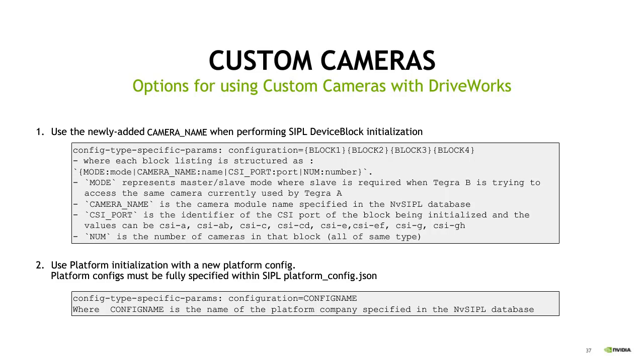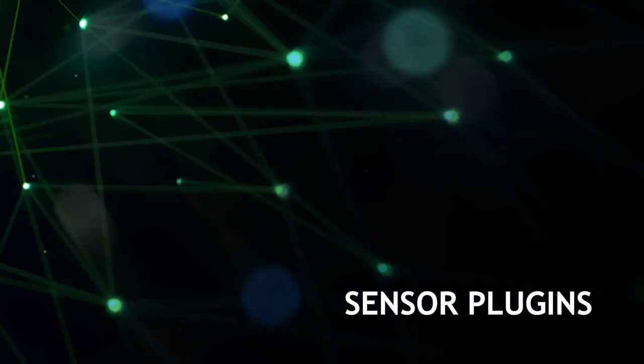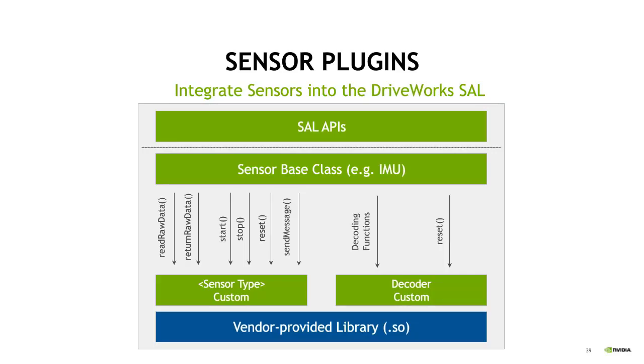For non-camera sensors, you can use our sensor plugin framework. With this framework, you're responsible for providing implementations for most of the sensor functionality. You own the communication channel, the life cycle of the sensor, and the data decoding. Once implemented, DriveWorks provides the infrastructure and the data structures to interface with the recorder and playback tools.